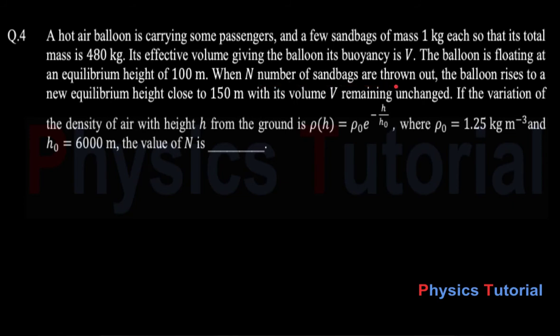When n is the number of sandbags thrown out, the balloon rises to a new equilibrium height closest to 150 meter, with its volume V remaining unchanged. If the variation of the density of the air with height h from the ground is rho of h equal to rho naught e to the power minus h by h naught, where rho naught is given, that is 1.25 kilogram per meter cube, and h naught is 6000 meter, then the value of n is.